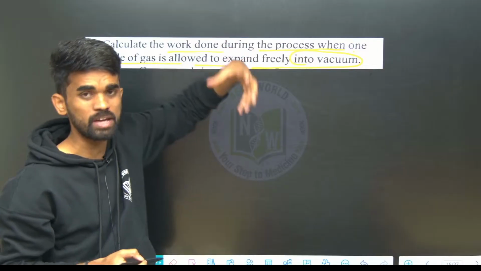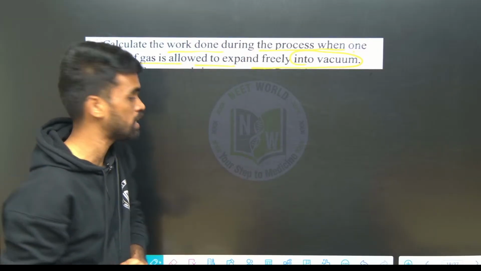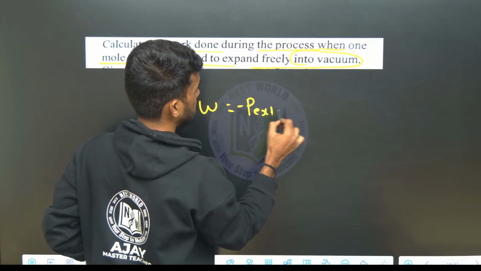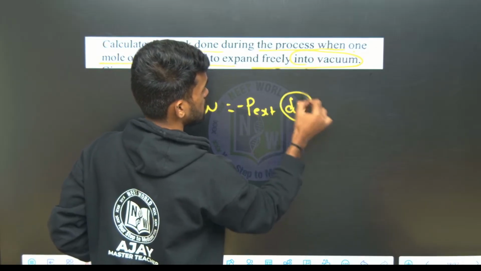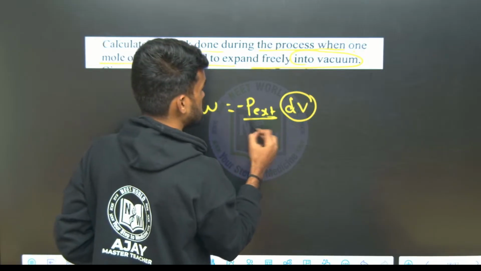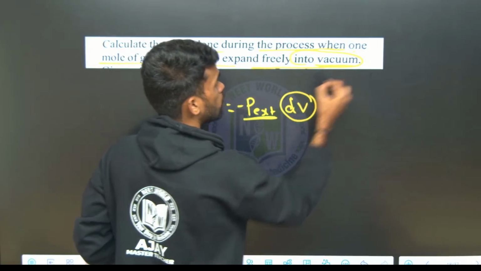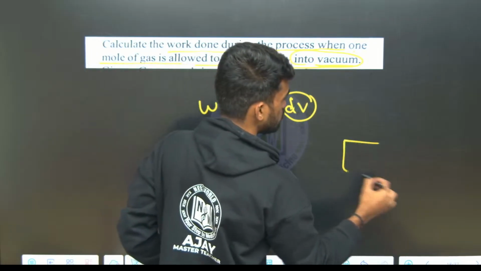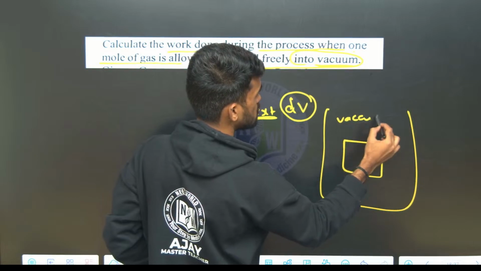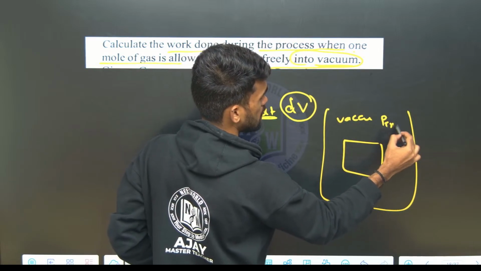Vacuum means what is the external pressure? 0, right? The work done formula we have is minus P external dV. This is the change in the volume of the system, and this is the external pressure, but externally it is vacuum. Let us say this is the system placed in a vacuum. So vacuum means P external will be 0.